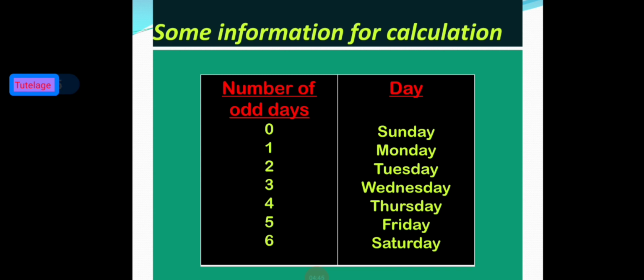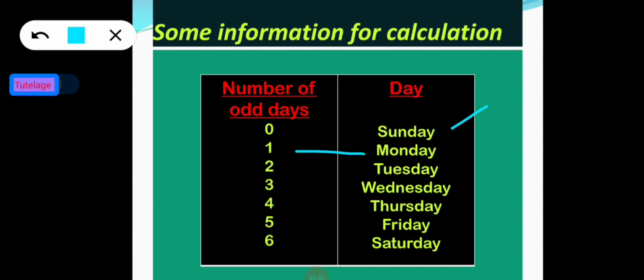But which day do odd days indicate? 0 odd days indicates Sunday. 1 odd day indicates Monday. 2 odd days indicates Tuesday. 3 odd days indicates Wednesday. 4 odd days indicates Thursday. 5 odd days indicates Friday. 6 odd days indicates Saturday.